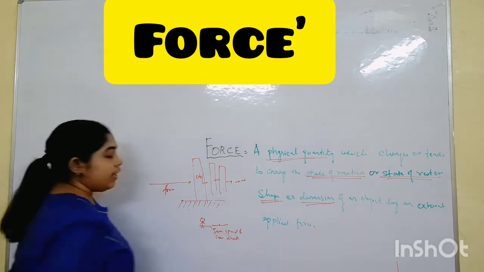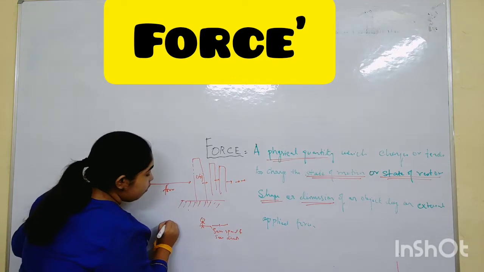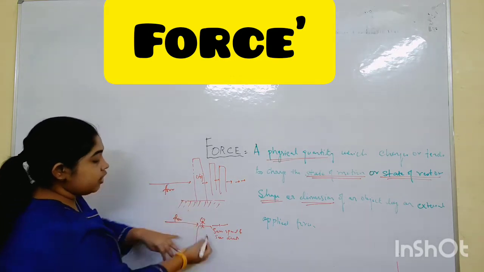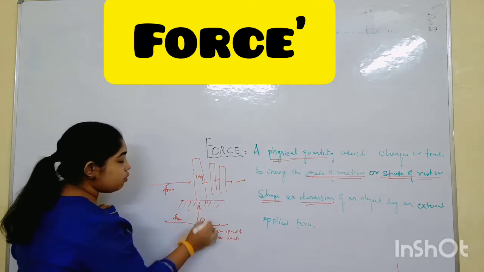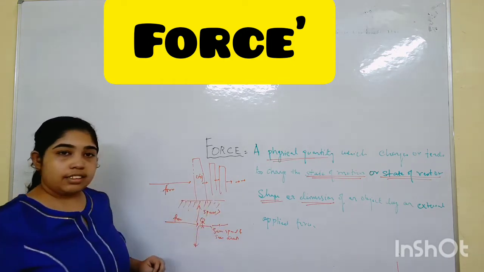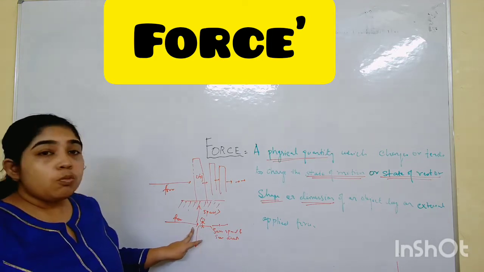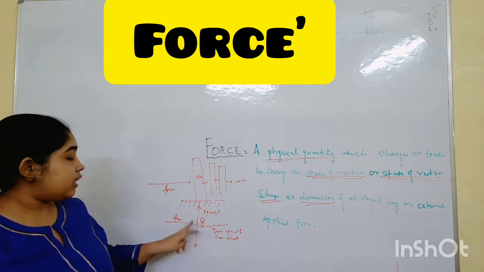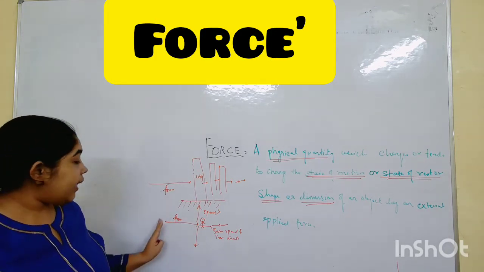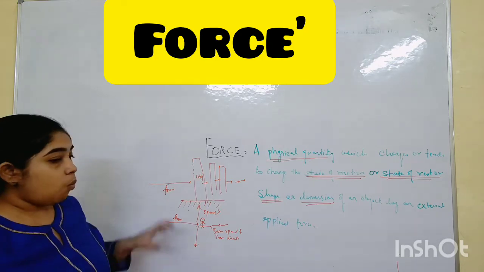But if I apply a force to this, then it can either move in this direction or in this direction, and the speed will also change. The speed will increase in that case. Clear? So our body will keep on the state of motion in the same speed and in the same direction until and unless an external force is applied on it. Is it clear to you people? This is what is a force.